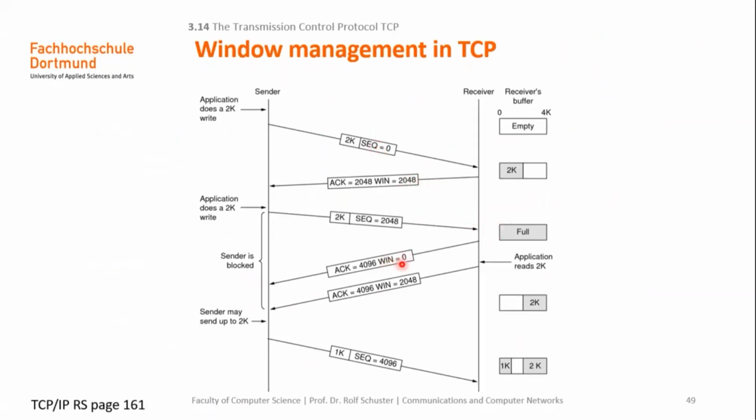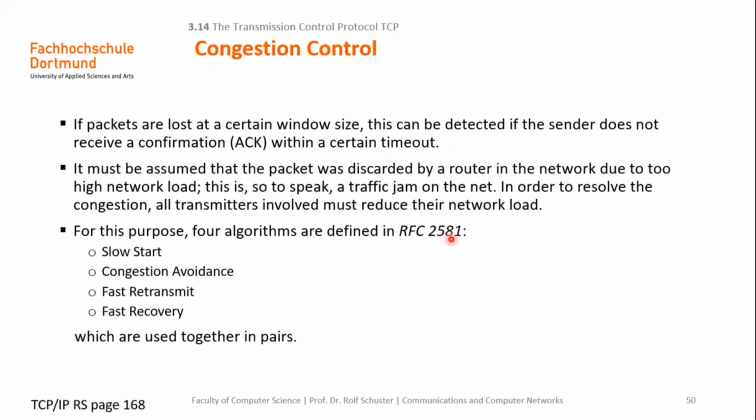The explicit mechanism is the window size, that is, the advertised window. In the case of congestion, the detection is performed implicitly, because it happens when a packet is discarded and the end system doesn't receive the acknowledgement.